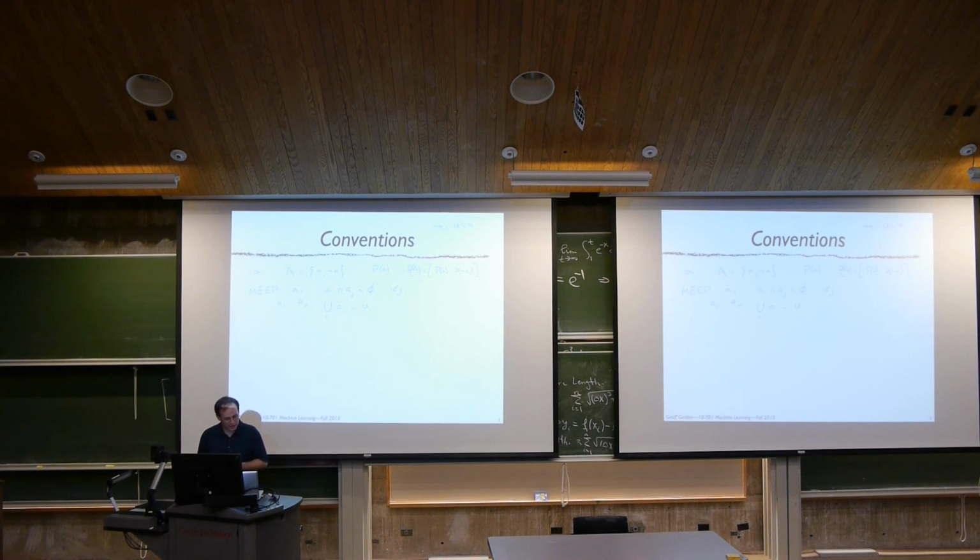Given any mutually exclusive and exhaustive partition, capital A, which is the set of all of the AIs, I can write P of capital A as the table P of A1 up to P of AN.